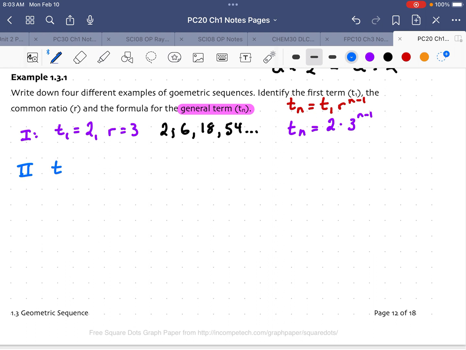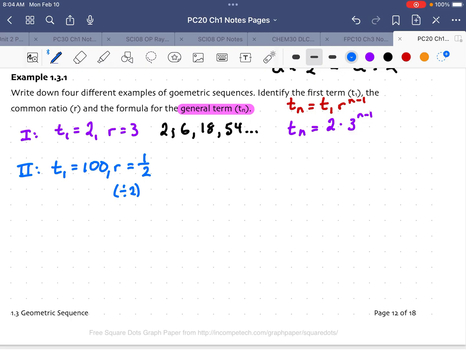Our term 1 is going to be equal to 100. What happens if our common ratio is not, sorry, it's 100. Our common ratio is 1/2. Now, our common ratio of 1/2 is the same thing as dividing by 2.